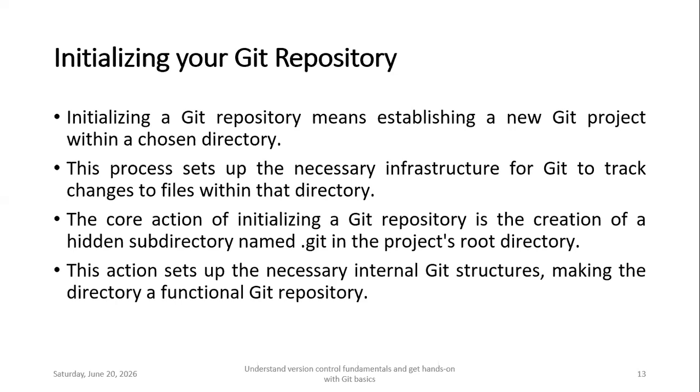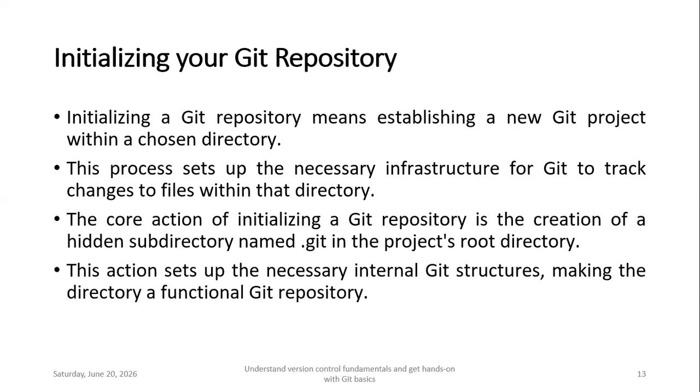Then that parent folder or parent directory is the particular directory that you will initialize so that it becomes a Git project. So when you initialize Git, that means you have set up the infrastructure for Git to track changes within your directory.